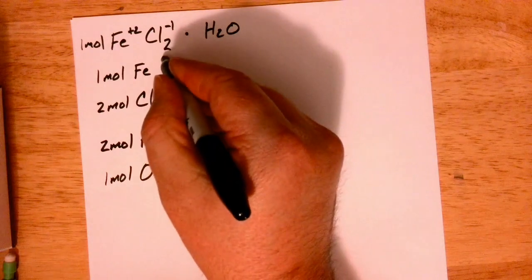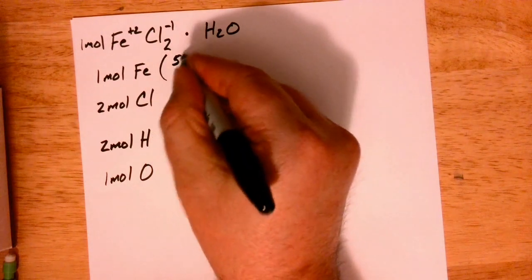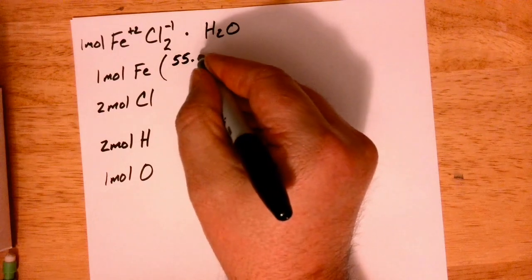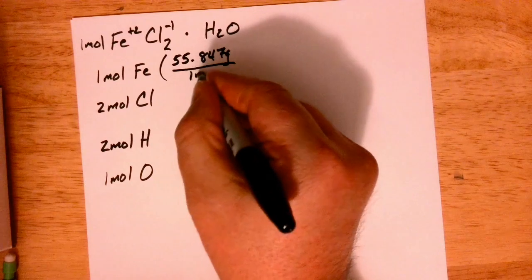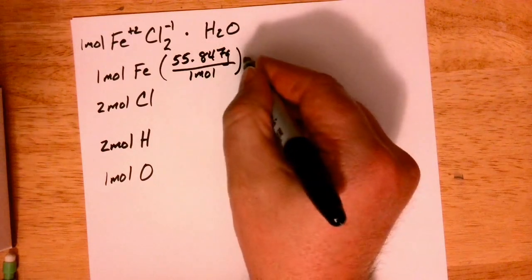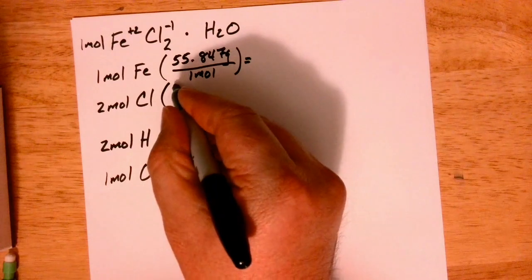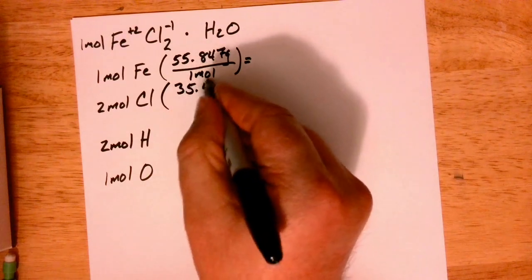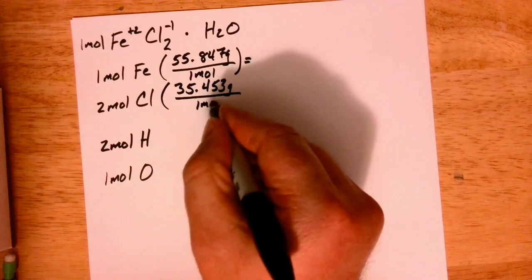So ferrous is 55.847 grams for every 1 mole. The chlorine is 35.453 grams for every 1 mole.